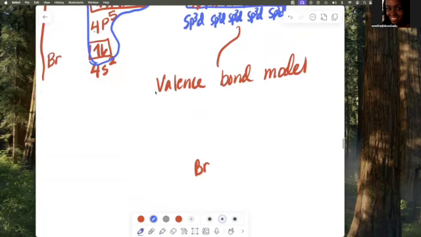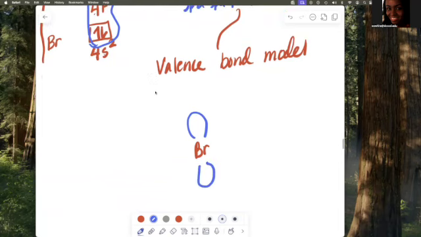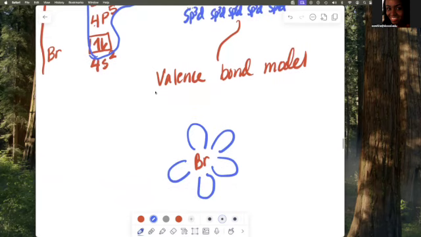Let me use the color blue so it's consistent with the picture here. Up, down, 1, 2, 3. So I have electrons in the axial position, up and down, and then electrons in the equatorial, up, up, up.